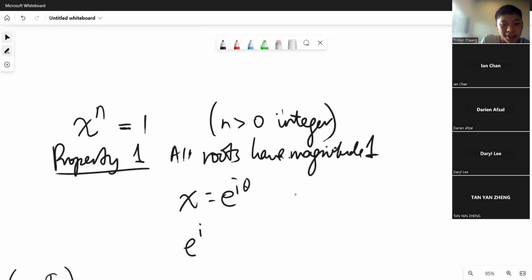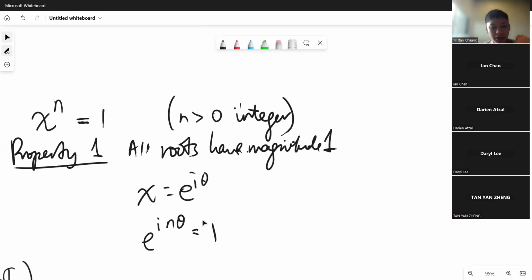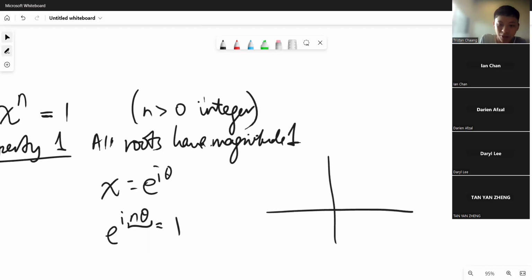So e to the i n theta equals 1. So look, what kind of angle after multiplying by n goes back to 1? Well, what's the angle of 1? 1 is here. 1 has argument 0, right? What kind of angle after multiplying by n will get back here?